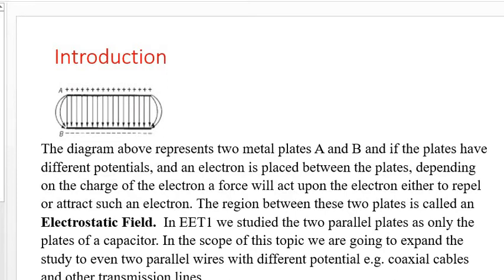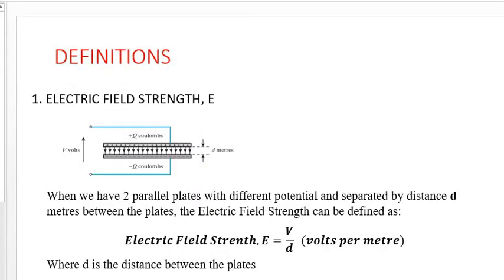So the plates of a coaxial cable are considered as plates of a capacitor. We're also going to look at twin isolated lines, like the two pair cable, which is another form of a capacitor. So you should also know how to deduce the capacitance of such a material.